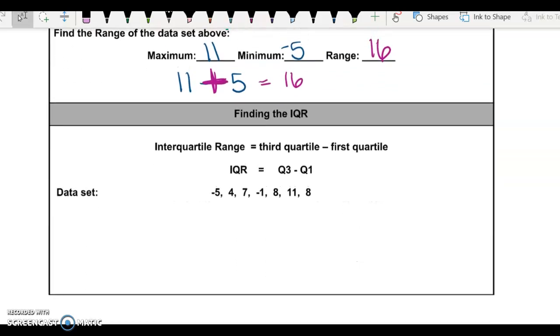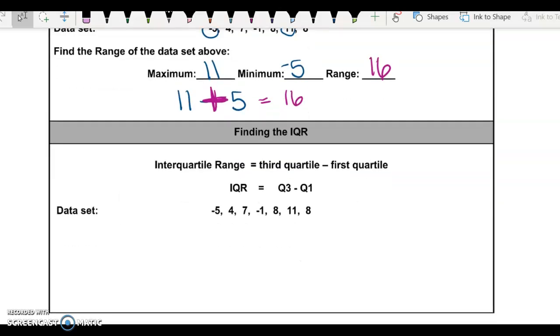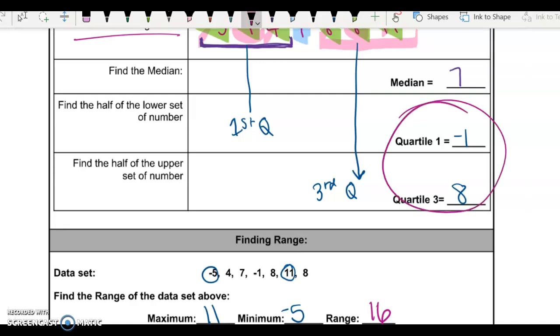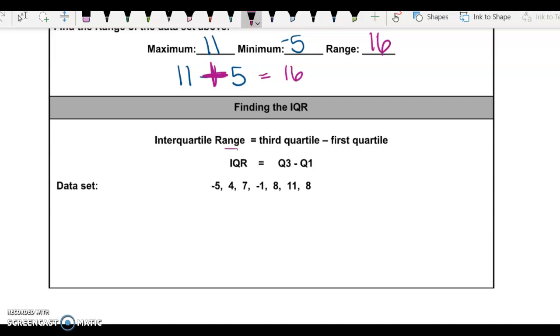So now we are going to use those numbers that we just found to figure out our IQR of our data set. So it's not our 5 numbers, I'm sorry. We're going to use our quartiles to find our IQR. So our IQR, which is interquartile range, would be our third quartile minus our first quartile.